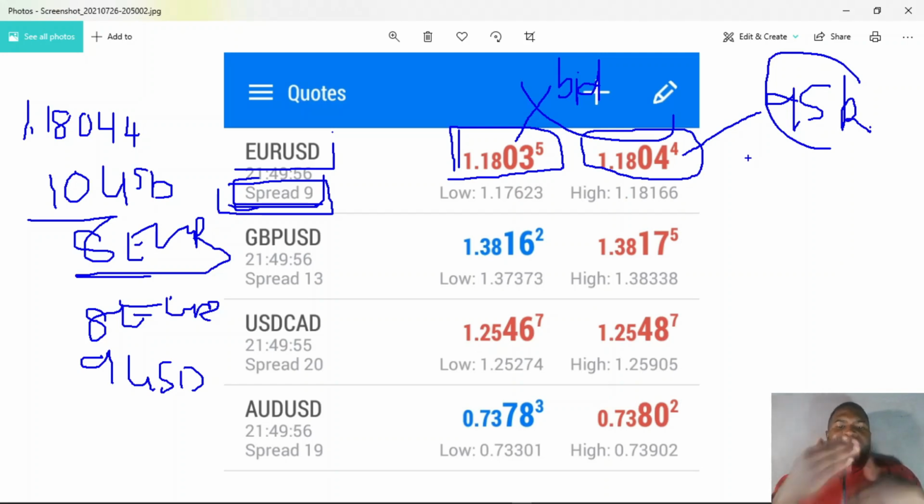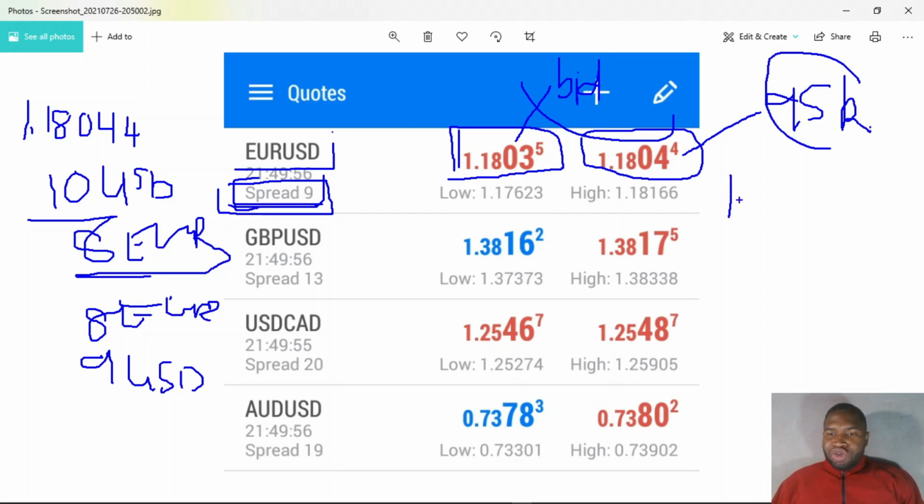So it's common sense that someone will always sell at a higher price, for their own benefit, and buy at a lower price. The bid price is the price at which the bank is buying from you, so it is going to be lower, and the ask price is going to be higher. So the difference between the bid price and the ask price gives you the spread.